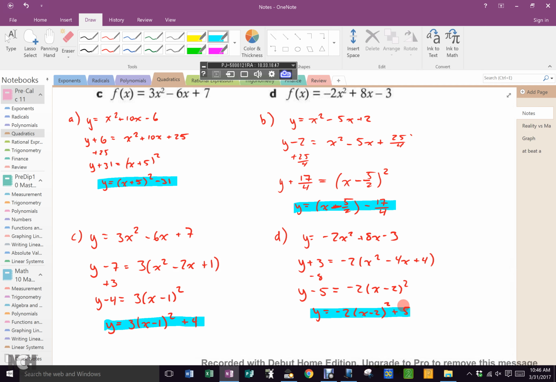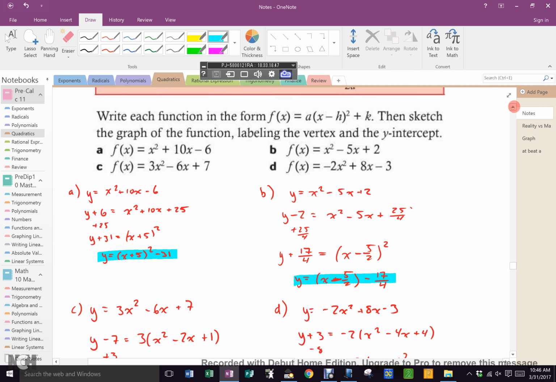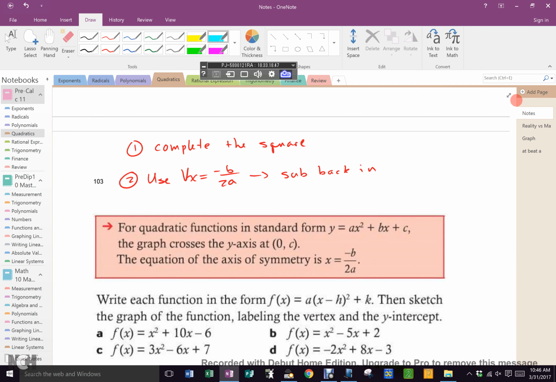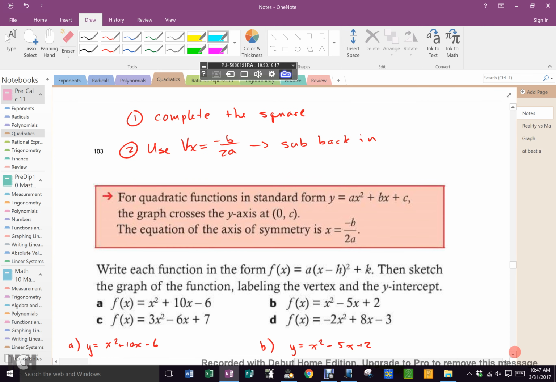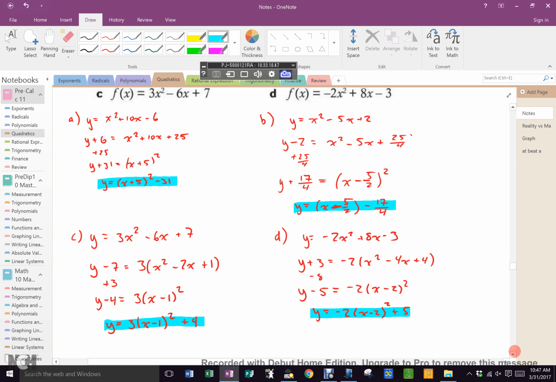Now I'm going to do all 4 questions again, but I'm going to use that other method where you find x and then sub back in. Okay? Everybody cool? And it's going to look different, but I'm going to get the same answers. Okay? So what I'm going to do is I'm going to take all the same answers and I'm going to move them over here.